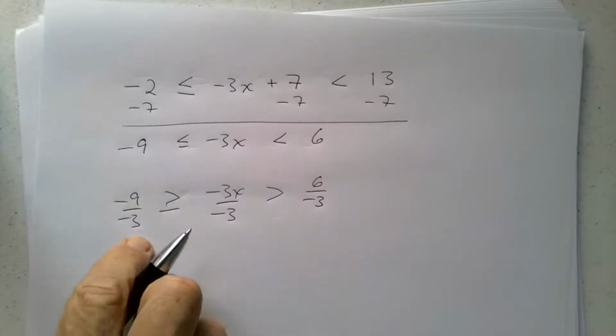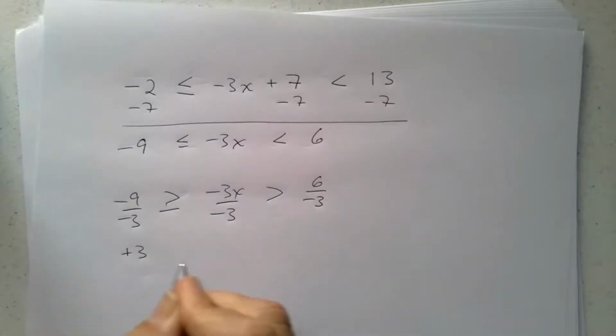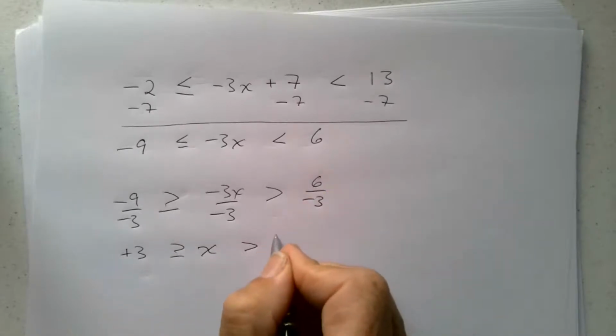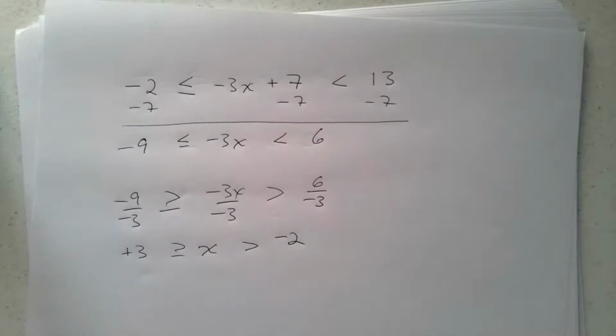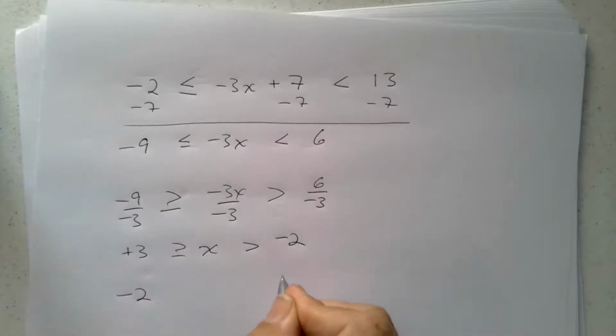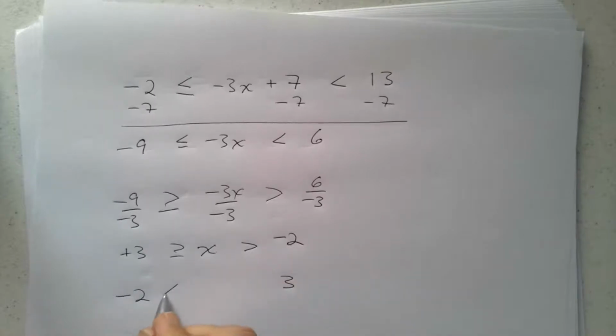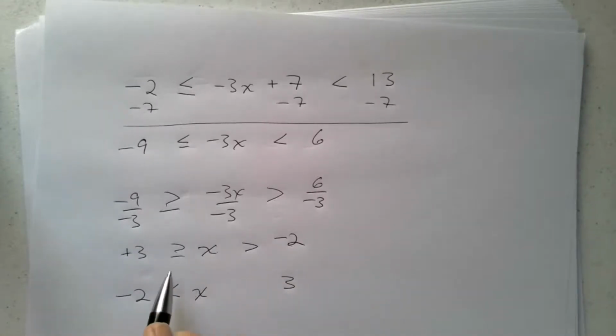So I have -9 divided by -3 is +3, greater than or equal to x, greater than 6 divided by -3 is -2. Now do not write a number line with 3 on the left and -2 on the right. That's out of order. So I'm going to rewrite this with -2 first, 3 second. X is greater than -2, so -2 is less than x. 3 is greater than or equal to x, so x is less than or equal to 3.